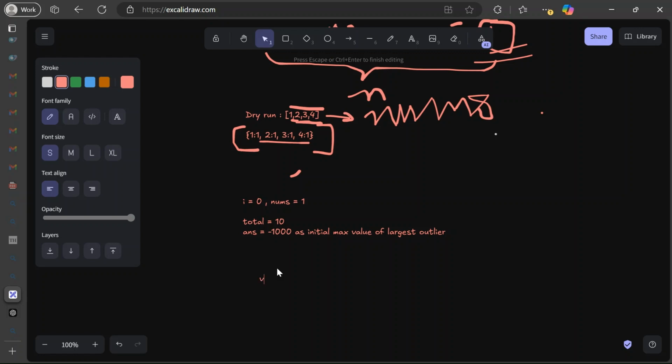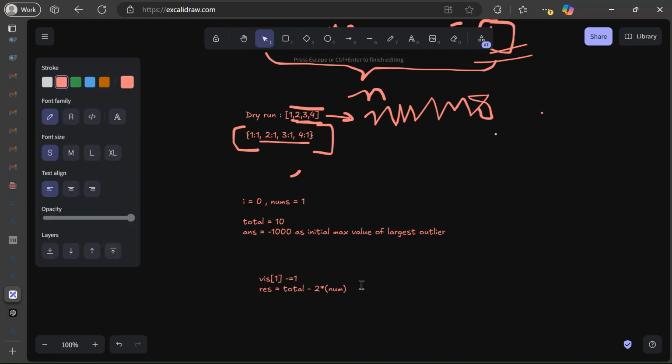First of all, visit of 1 minus equals 1. It would become 0. Then result would be total minus 2 into sum, so num.